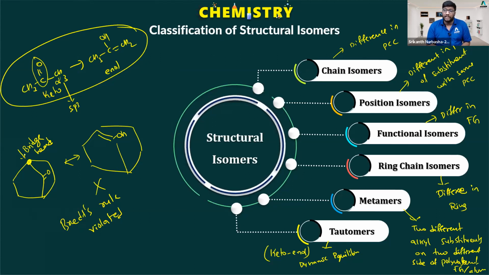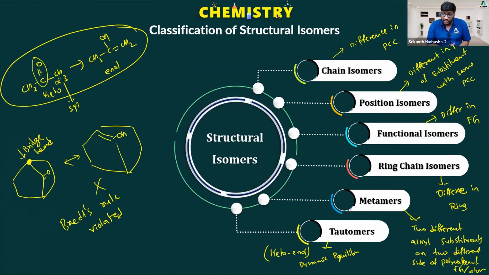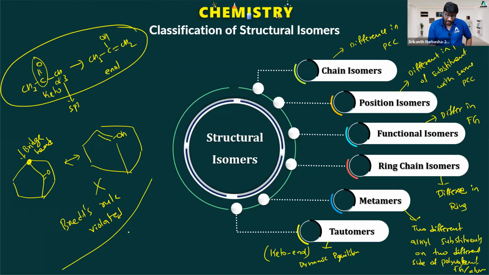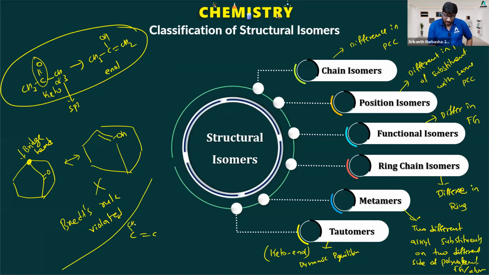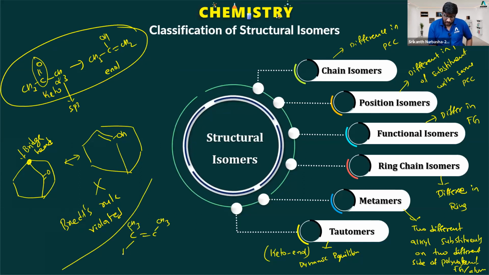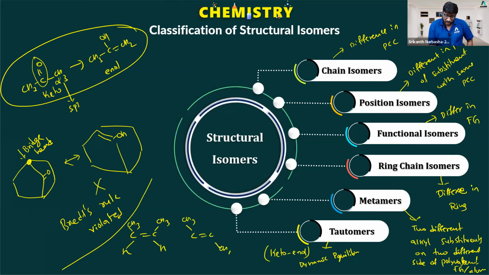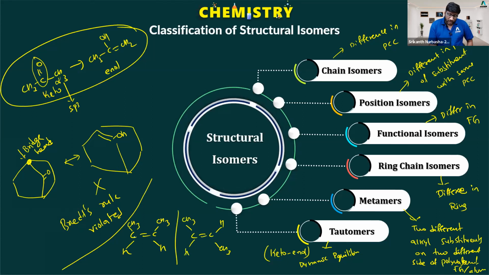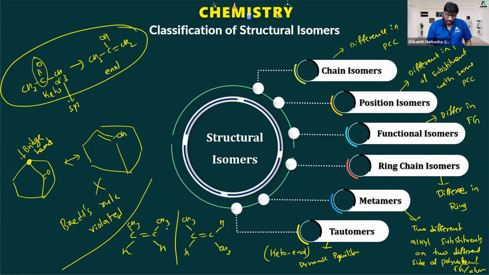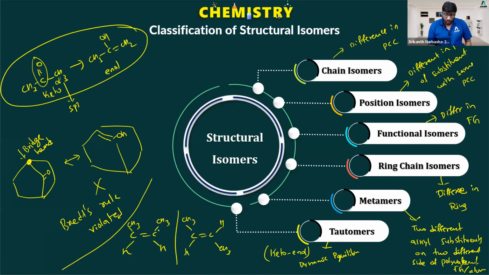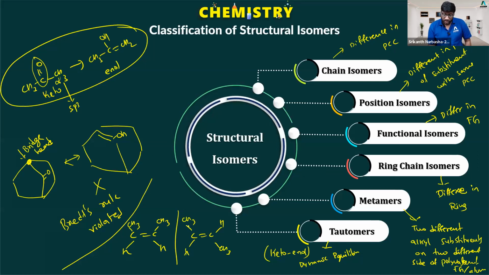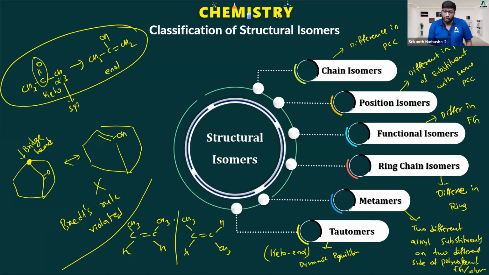Manasi asks, why can't cis and trans be considered as chain or positional isomers? Take cis and trans C double bond C with CH3, CH3, H and H. What is the IUPAC name of this compound? 2-butene.